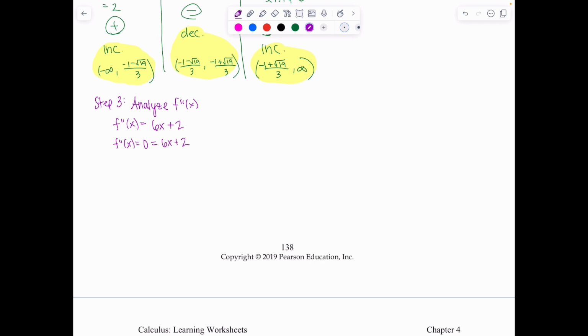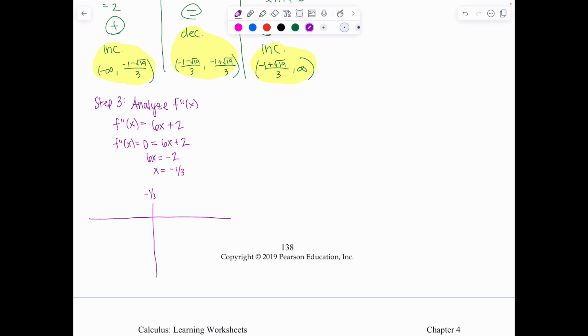So we have 6x equals -2, x equals -1/3. So that's where we will look around. -1/3.